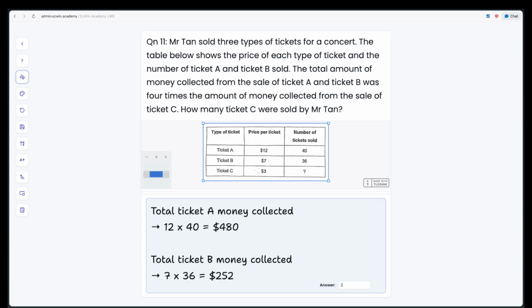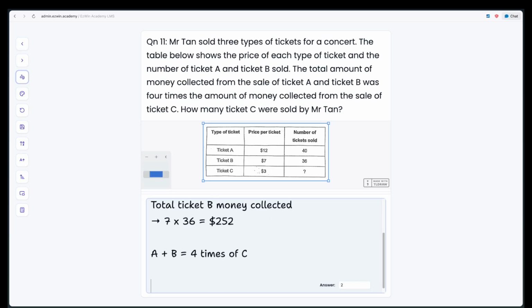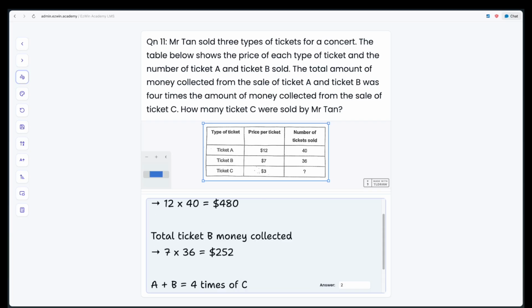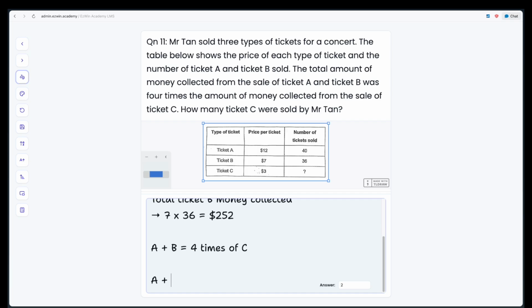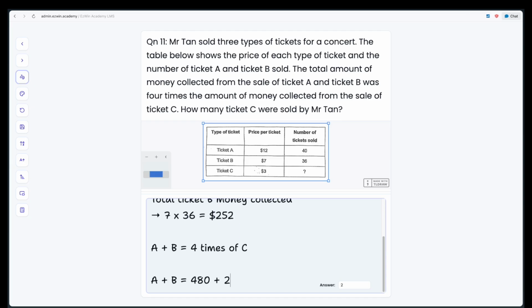So now we know that the total of A plus B is 4 times the amount of money collected from the sale of C. So A plus B is basically 4 times C. Let's do the total of A and B. A plus B is equal to 480 plus 252, and this will give us 732.